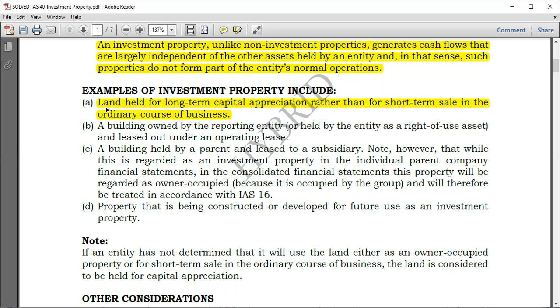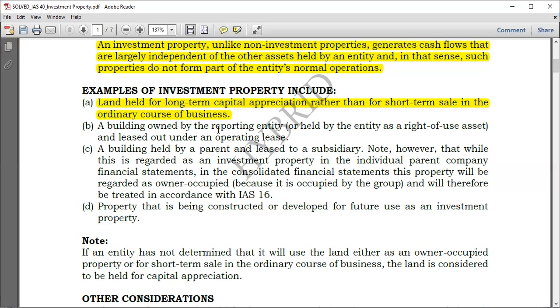You know there is a difference between an operating lease and a finance lease. If you say operating lease, you still continue to control that asset. But if you say finance lease, it's like you have given control to the lessee. You as the lessor have given control to the lessee. So with an operating lease, you still have the control. And so we say that this one is an investment property.